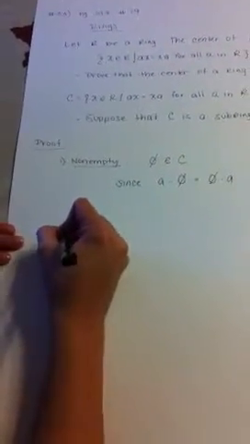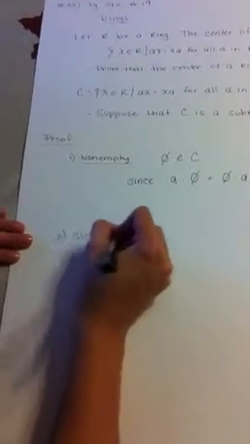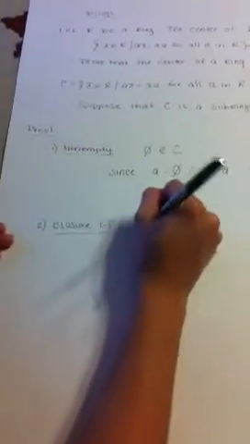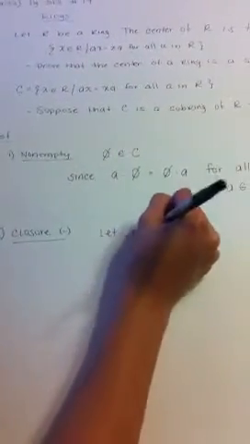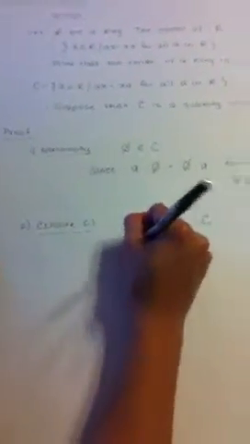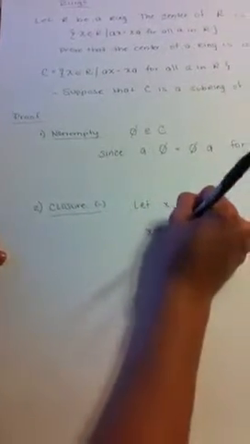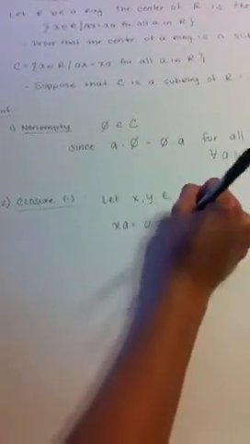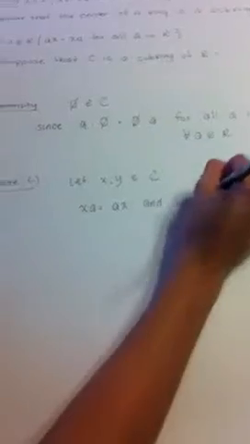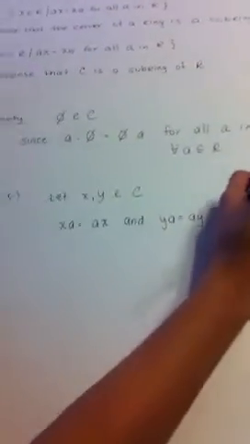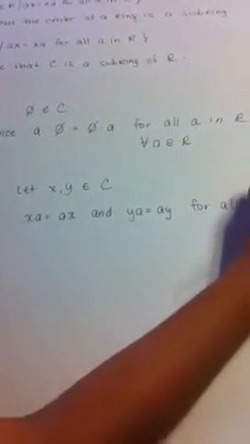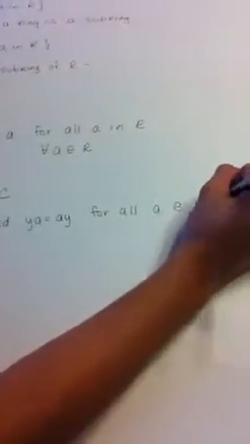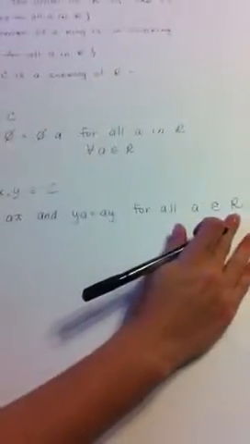The second thing that we have to prove is closure under subtraction. In this instance, we will let X and Y belong to C, which is our set and the center of our ring. So we will have XA equals AX and YA equals AY for all A belonging to R, which is our original ring.